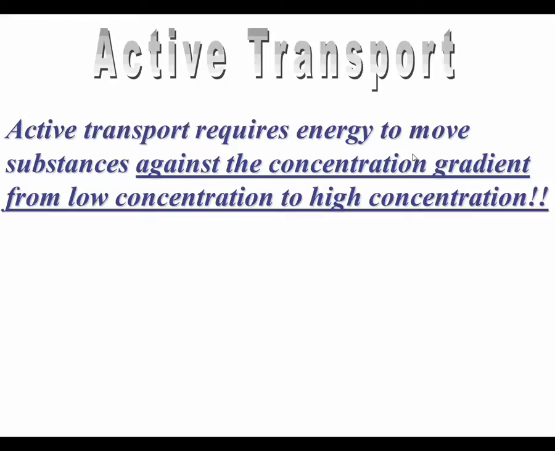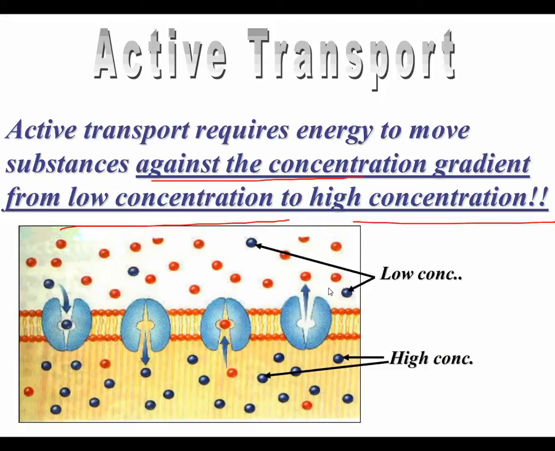Active transport requires energy to move substances against the concentration gradient, from low to high. You definitely need to know that definition. You can see here our low concentration, the blue balls, and the high concentration here.